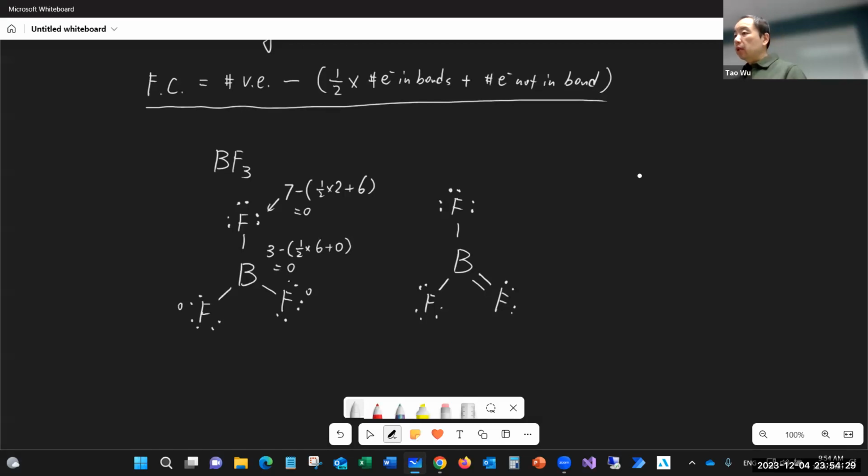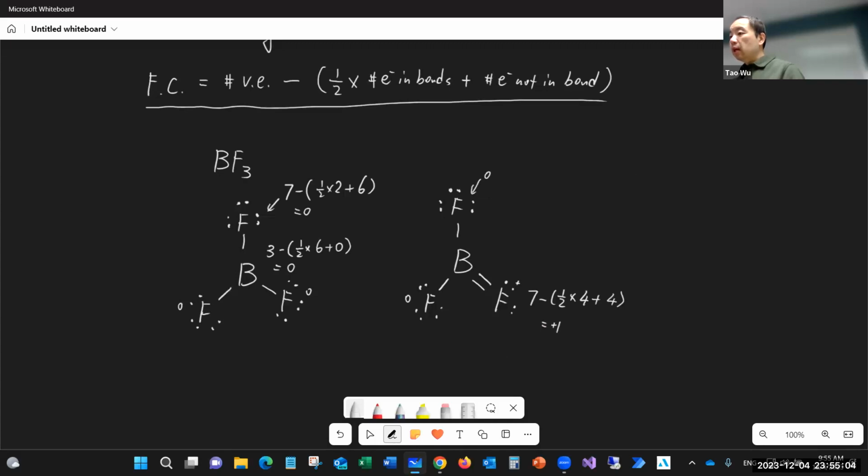But if you're looking at the other structure, this fluorine has a 0 formal charge. This fluorine also has a 0 formal charge. But if you're looking at this fluorine, it's different. This one is 7 minus 1/2 times the number of electrons in bonds. The double bond has 4 electrons, so times 1/2 of 4, plus the number of electrons not in bonds. We have 4 dots, so plus 4. 7 minus 1/2 times 4, that's 2, plus 4, that's 6. 7 minus 6, you get plus 1.